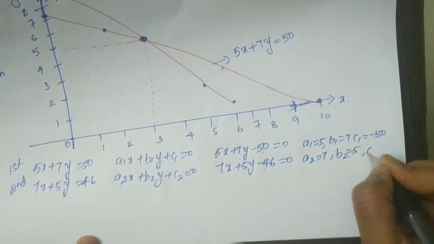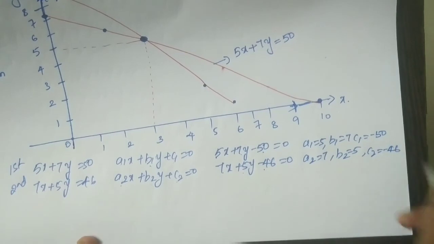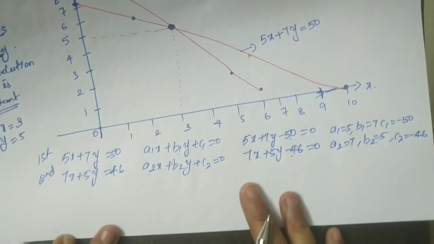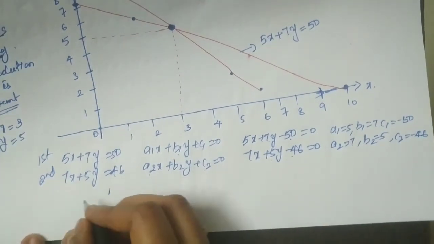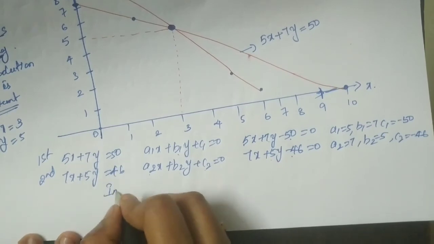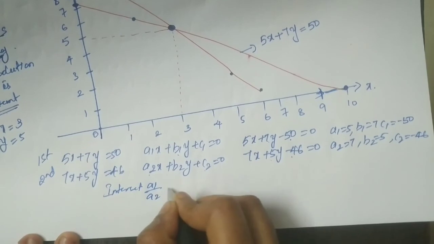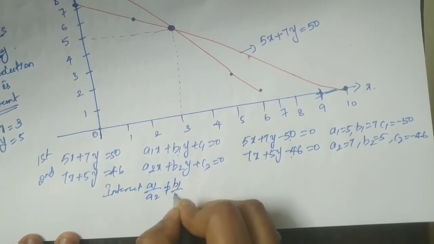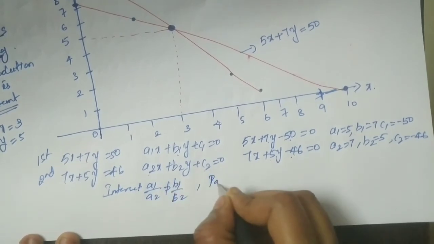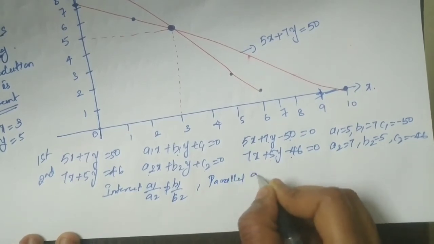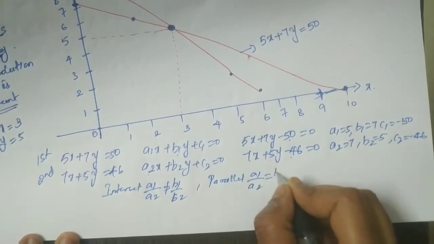Start checking the conditions. What is the first condition we have for intersection? A1 by A2 should not be equal to B1 by B2. First check this condition, students. If this does not satisfy, then we can go for parallel, which is A1 by A2 is equal to B1 by B2 not equal to C1 by C2.